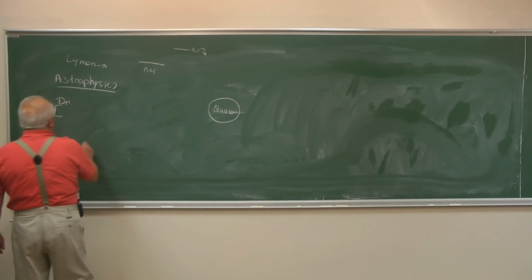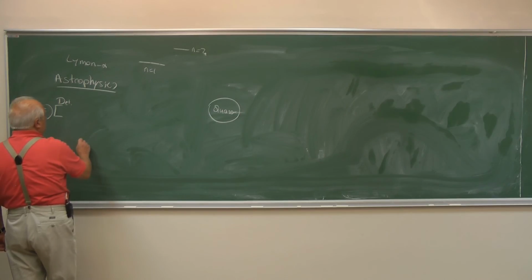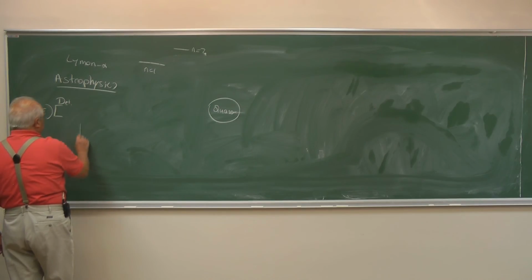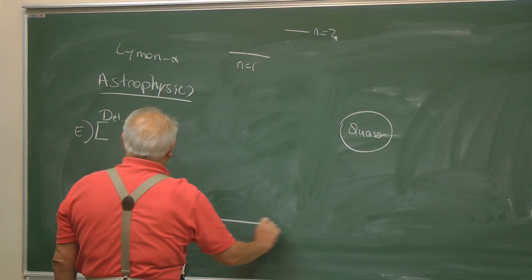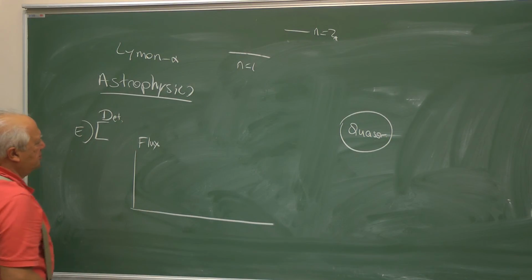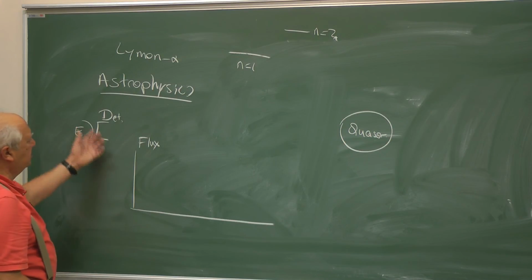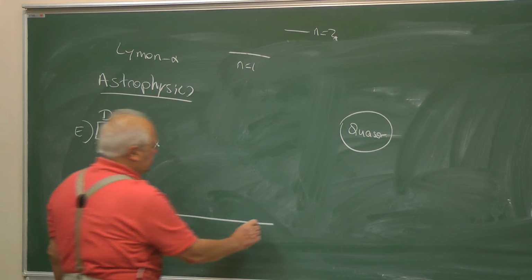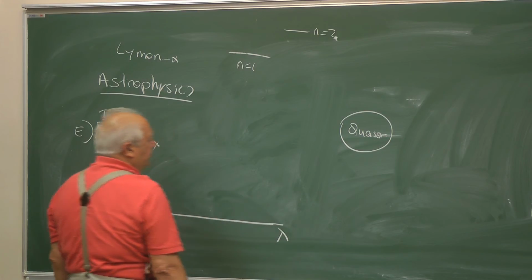So if we plot, for example, here is the flux, how many photons we are getting per second to this detector, and here the lambda.